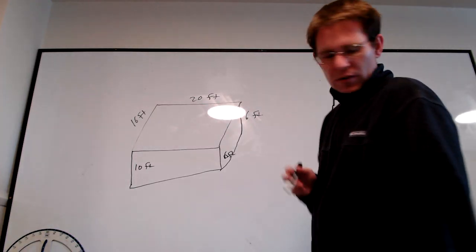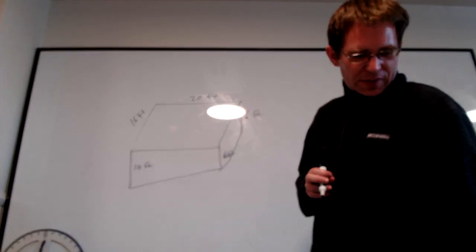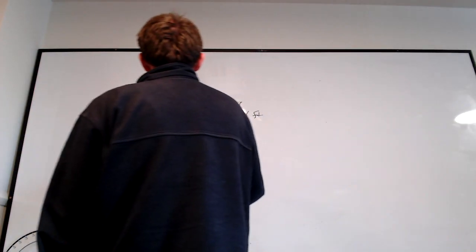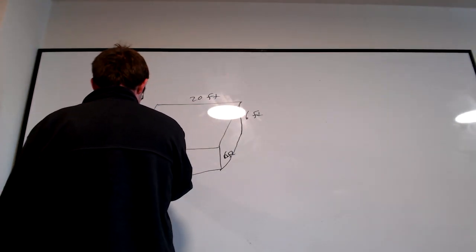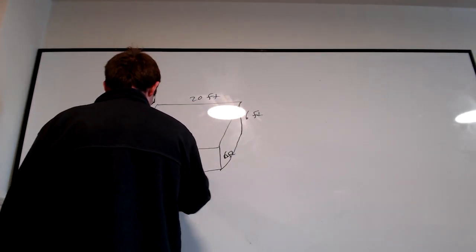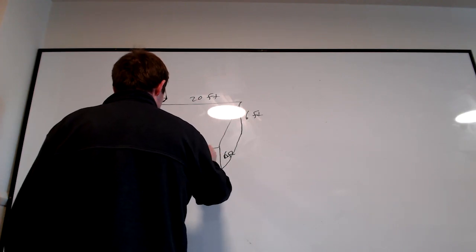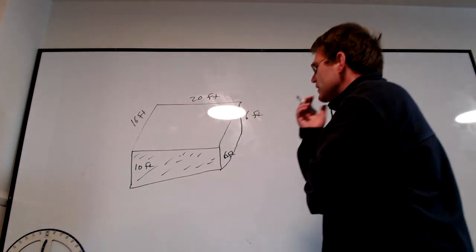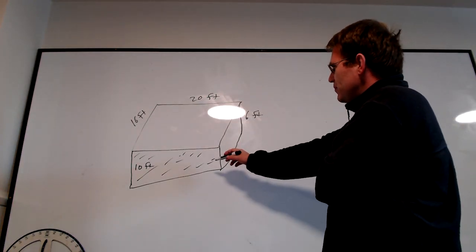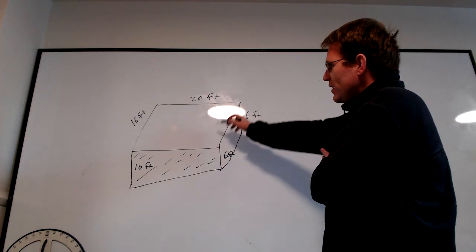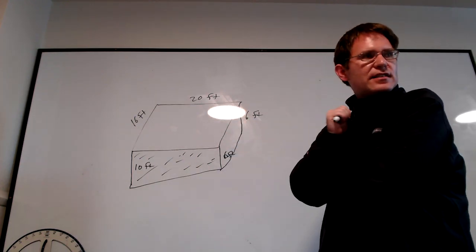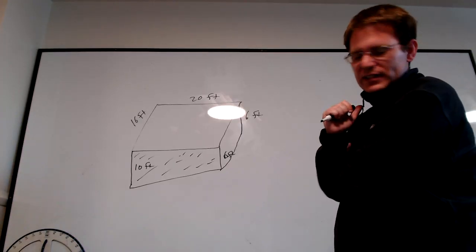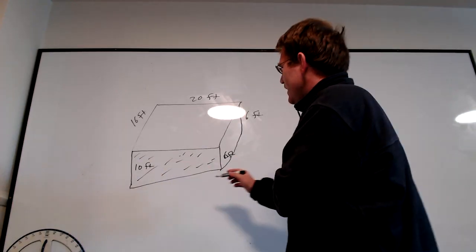So we want to first figure out what the area of this shape here is, because effectively what we're going to do is take this area and then multiply it by 16 feet, right? Does that make sense to everybody? Mm-hmm. And then that'll give us the volume. So what's the area of this?